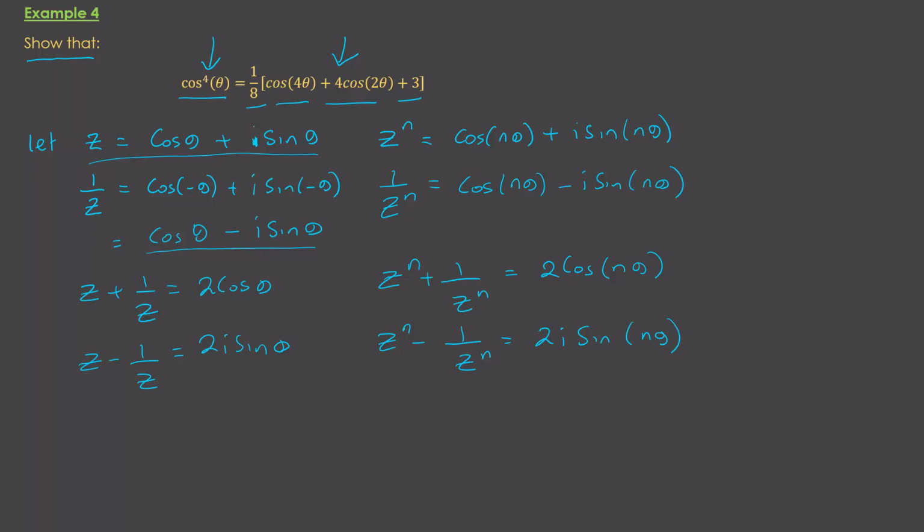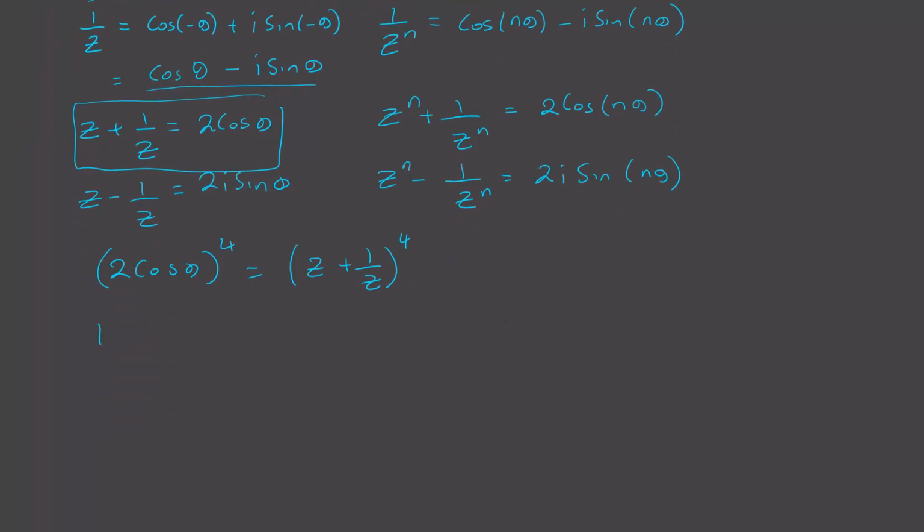Now that we've established that, we can proceed. Now we're working with a power of cos theta here. So from here, I'm going to write 2 cos theta to the power 4. Well, that must be equal to z plus 1 over z to the power 4.